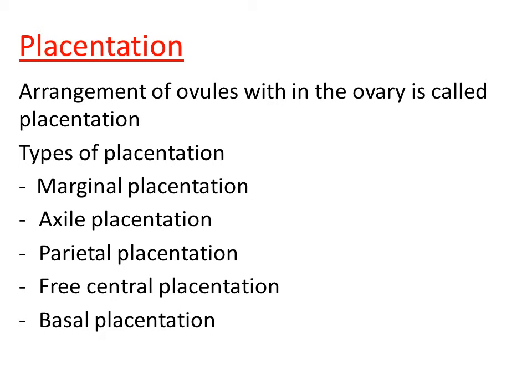In order to study the placentation, first we have to take the cross section of the ovary. Ovary is the basal swollen part, right? If we take the cross section of the ovary, we can clearly observe the actual position of placenta and the number of ovules attached to it. Clear? So let us study the first type of placentation, that is marginal placentation.